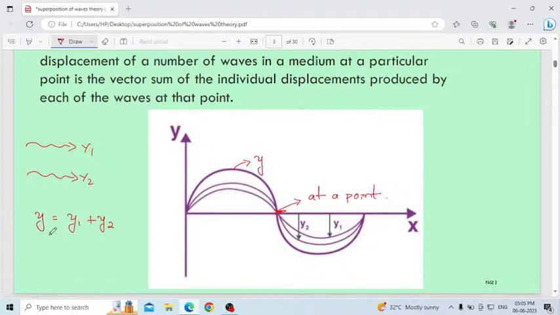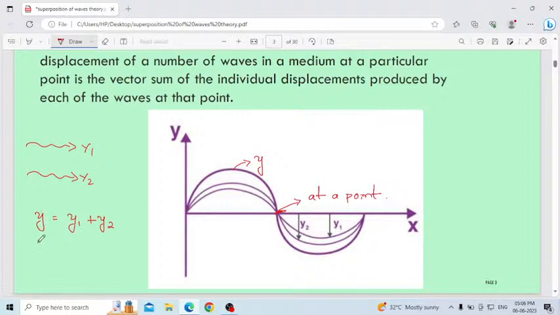Then the resultant displacement y will be equal to y1 plus y2, the sum of the displacements of the two waves. Here y1 represents the displacement of the first wave, y2 is the displacement of the second wave, and y is the displacement of the resultant wave.